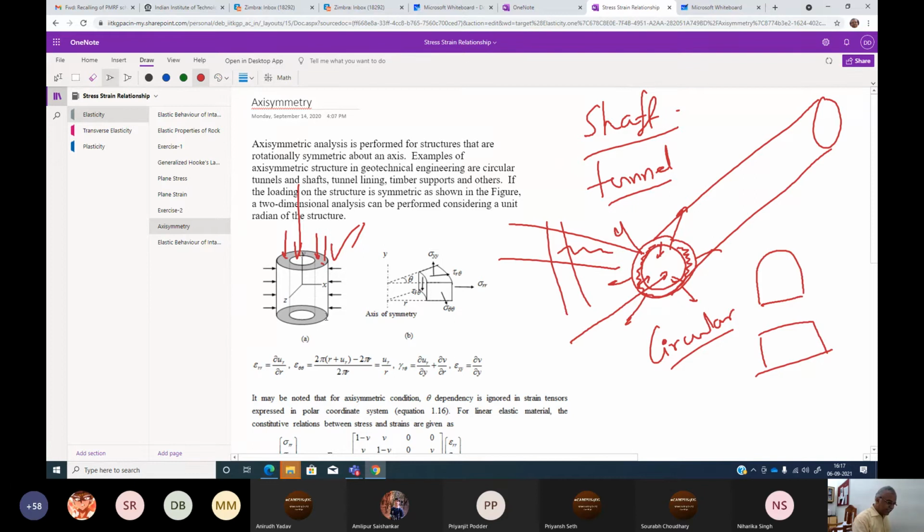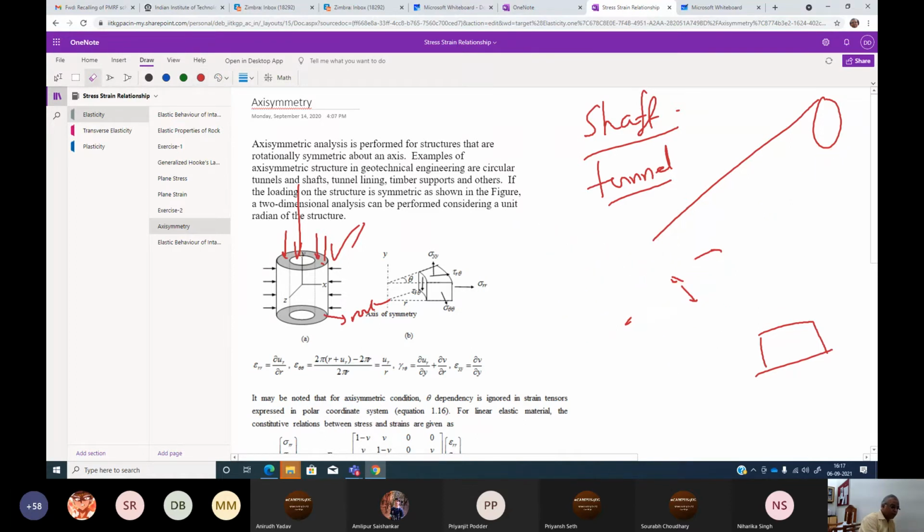This thing is rock. Only the inside is hollow, and that is the shaft. And then this will be considered an axisymmetric condition. So let me show you if I delete them.